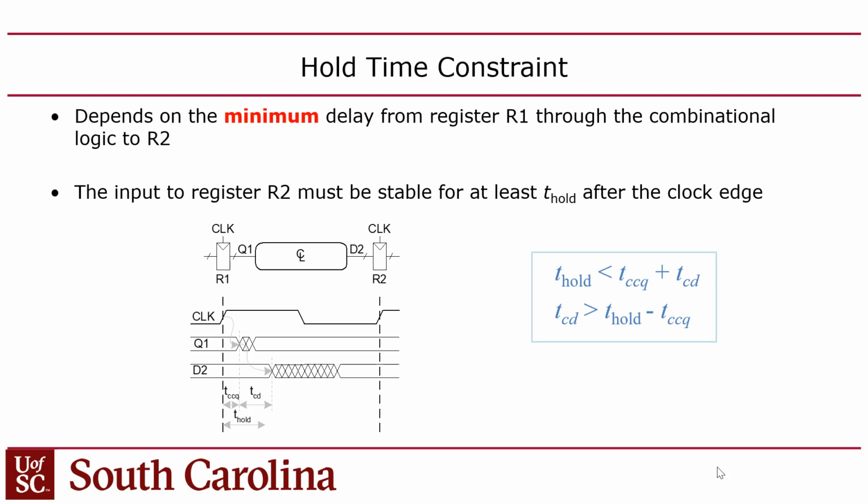So these two are constants. This is something that you have to enforce on your circuit, this TCD. You guys with me? And it has to be greater than the difference between these two guys. Does it make sense? Okay, so the setup constraint and the hold constraint are constraints on your circuit. Your circuit has to meet those constraints.